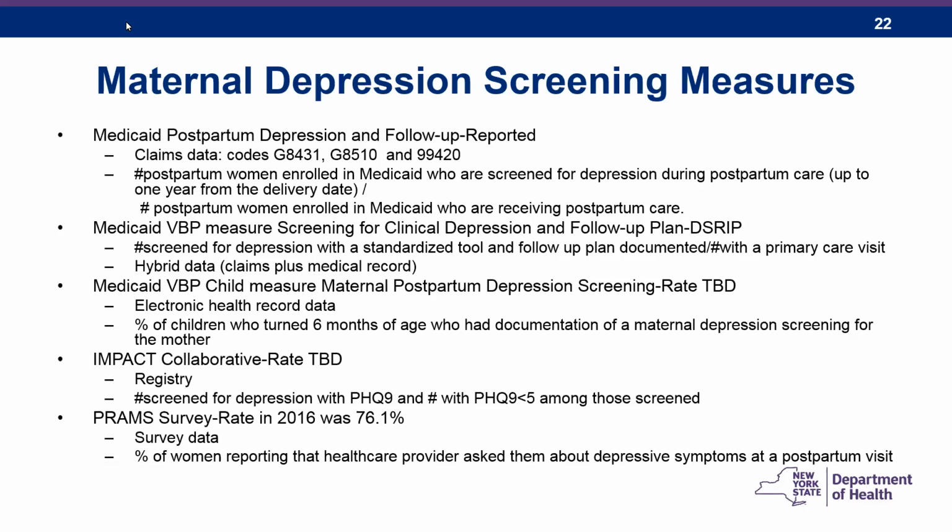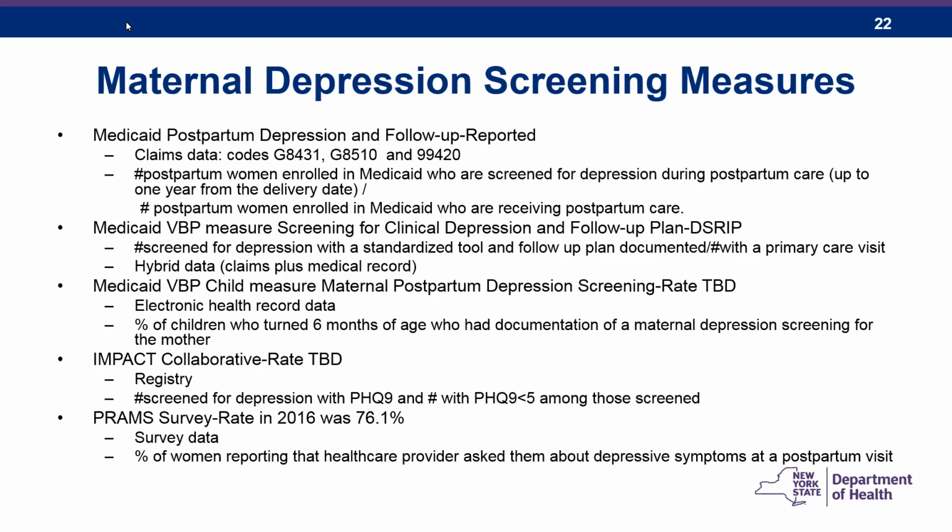In the VBP child core set of measures, the arrangement for children, there is a maternal postpartum depression screening rate that hasn't been implemented yet. It's a category 2, which means it's recommended, but hasn't been found to be feasible yet, that can use electronic health data and looks at the percent of children who turned 6 months of age who had documentation of a maternal depression screen for the mother.